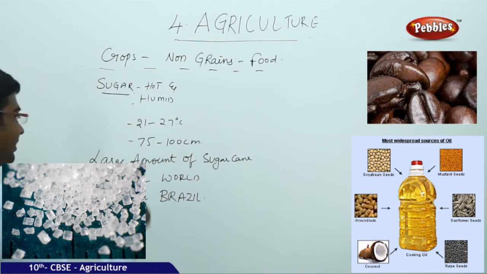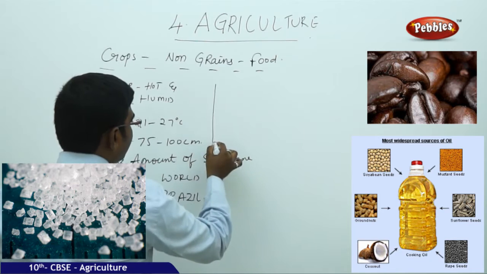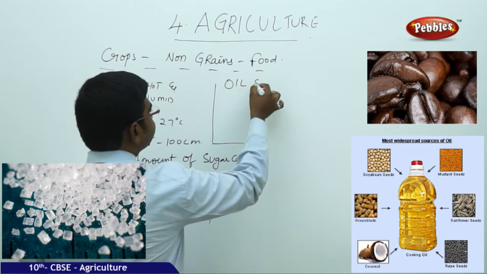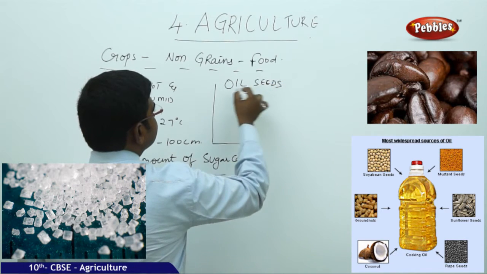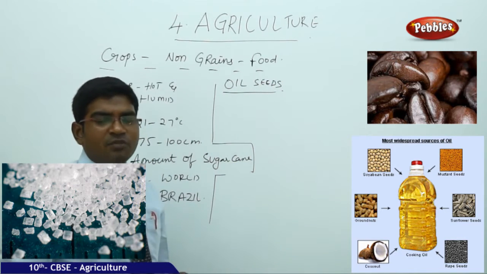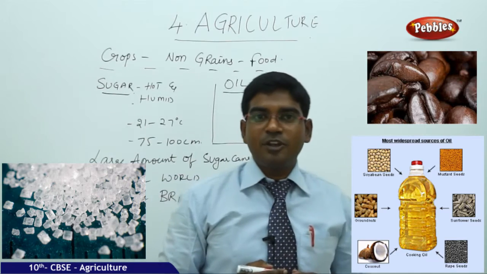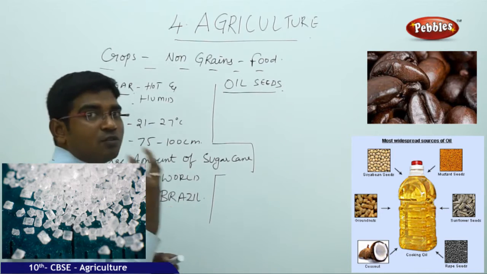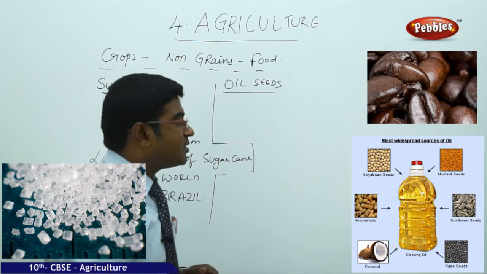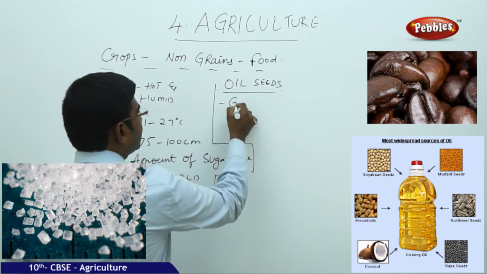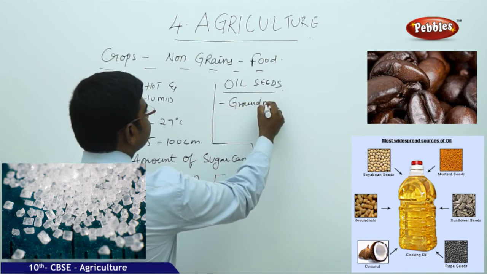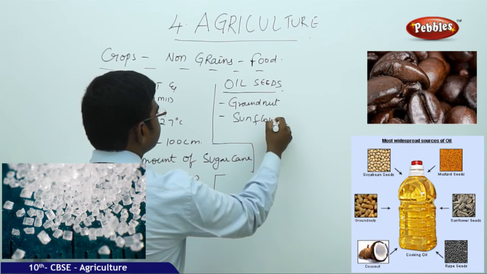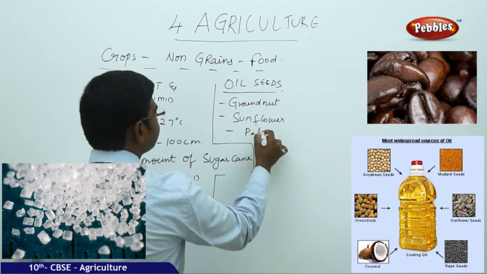Moving on, the next major food crop which is produced is oil seeds. In India, we have different kinds of oils that are used as a medium of cooking. In India, cooking doesn't happen without oil. We have oil seeds like groundnut. Next, we have sunflower, palm.